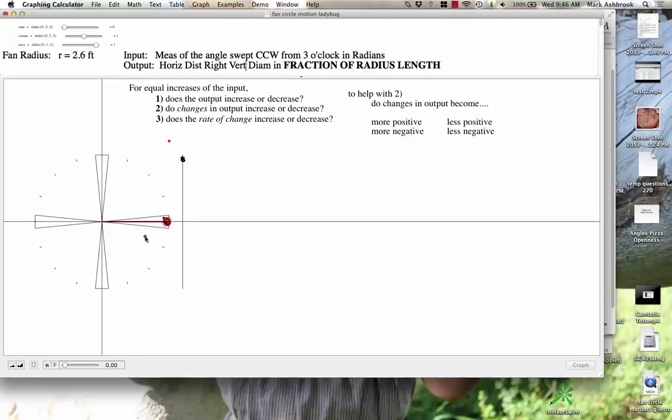So in the first quadrant, does the horizontal distance increase or decrease? Decreases from what to what? 1 to 0. It starts at 1 whole unit, and when it gets to the top of the circle, it's at 0 radius lengths, or fraction of a radius, to the right.